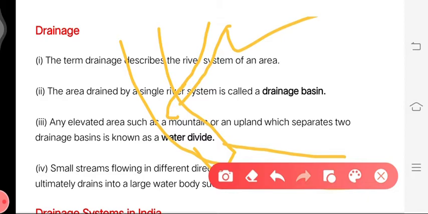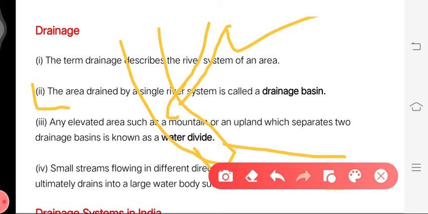The headwater or main stream of Ganga is Bhagirathi, and Alaknanda joins it at Devaprayag in Uttarakhand. So, as an example, we take the example of Ganga.